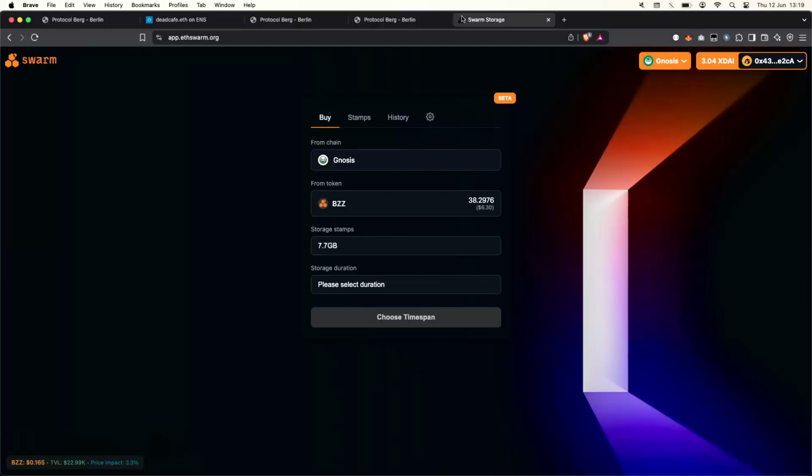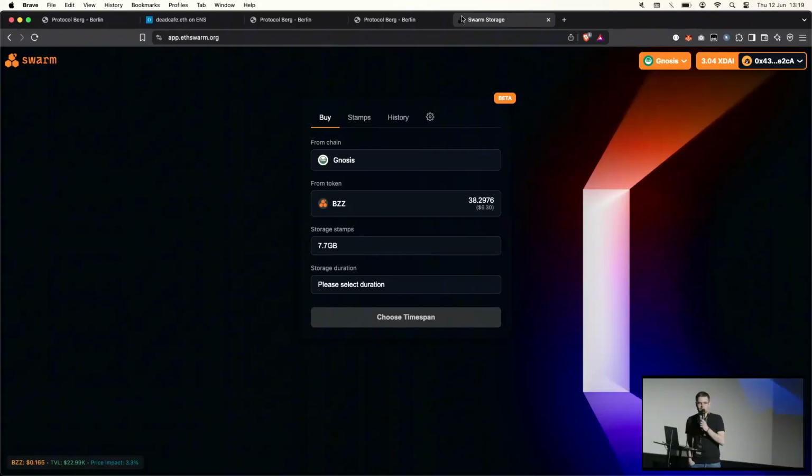Well, not ethlimo specifically, but you can try app.ethswarm.org, which is a front end for uploading content. This works without a Bee node.